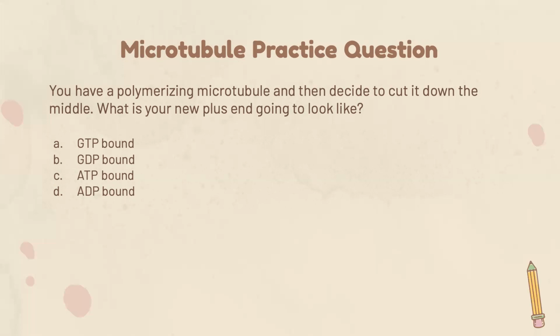This is a pretty common question that Laura asked, so you guys have probably seen it before, but it's good to know that throughout your entire microtubule, hydrolysis has occurred for the majority of it. It's just that GTP bound is a lot stronger, so that's what's keeping it all together. But once you cut down the middle, that's all GDP bound, so it's going to depolymerize.